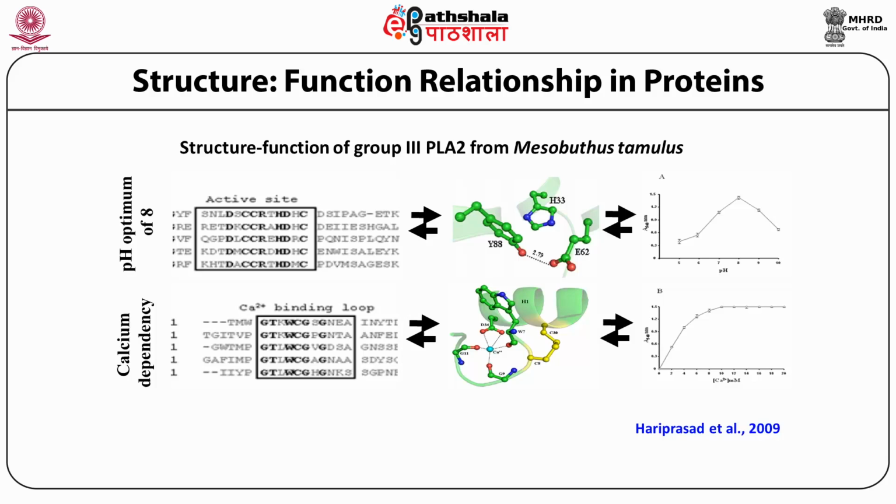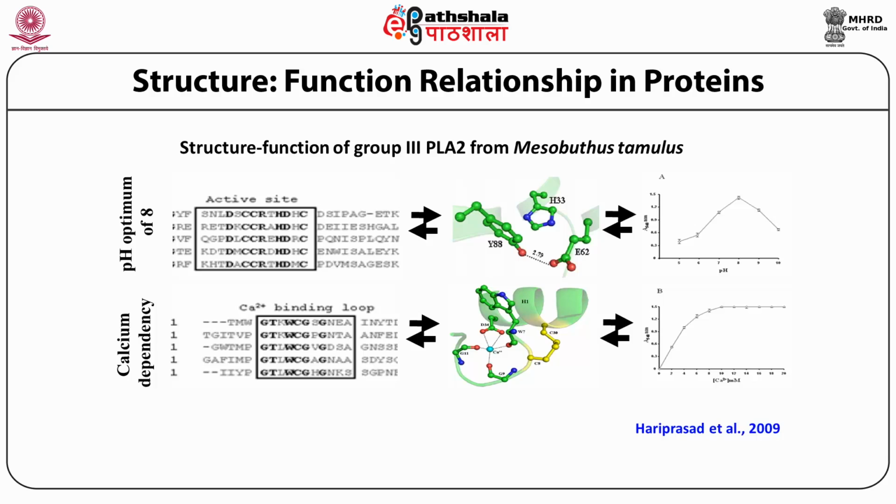Now, coming to the second example. For the calcium dependency, you see that you have what you call the calcium binding loop or motif that is well represented and, more importantly, well conserved across a series of sequences of the same family from different organisms.